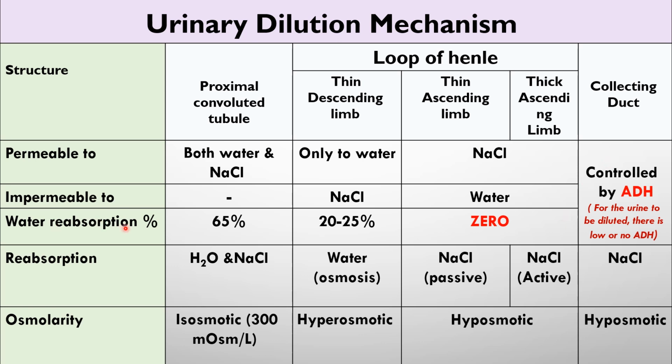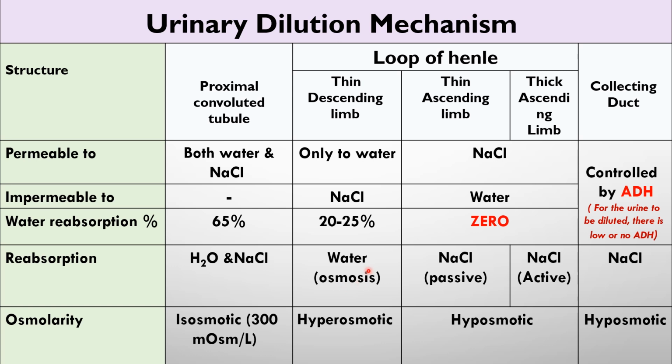Water reabsorption: 65% happens in the proximal convoluted tubule and 20 to 25% happens in the descending limb, and nothing happens in the ascending limb, but it can happen if there is antidiuretic hormone. Reabsorption of water and sodium chloride happens in the proximal convoluted tubule.